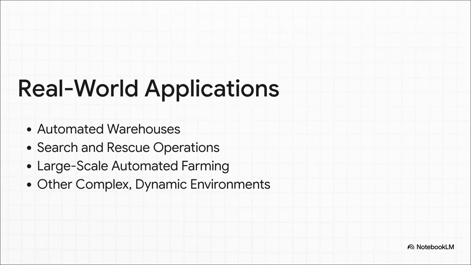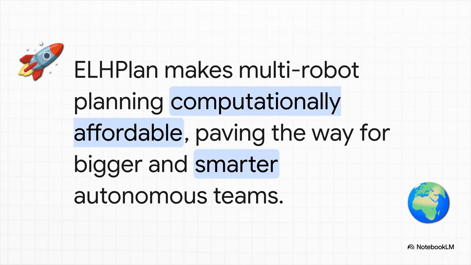All of these things require tons of robots to coordinate in really messy, unpredictable situations. What ELHPlan really does is it breaks down a huge barrier, a cost barrier. It makes coordinating robot teams computationally affordable. And by doing that, it opens the door for us to create autonomous teams that are bigger, smarter, and way more capable than anything we've seen before.